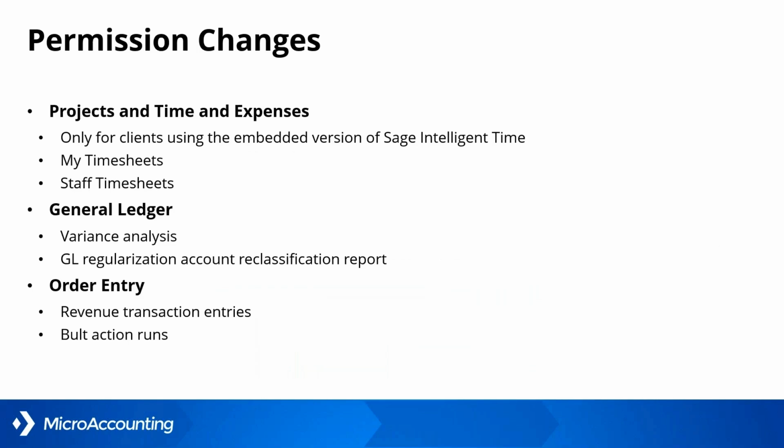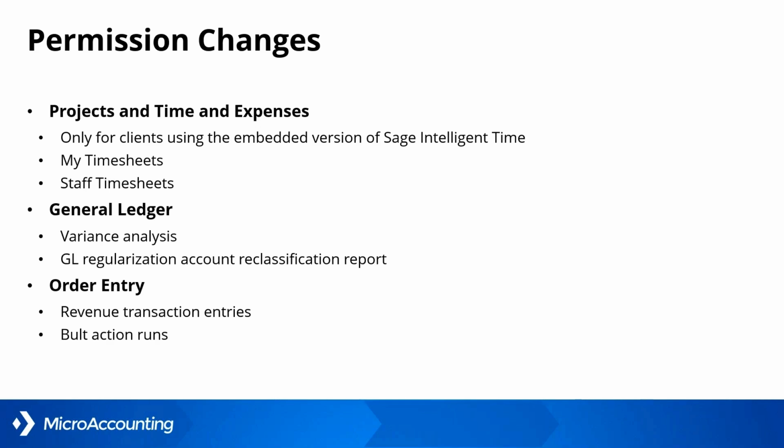So throughout the modules, there are a few changes in permissions that you may want to look at for your team. In projects and time and expenses, there are some changes for clients that are using the embedded version of Sage Intelligent Time, and there are some changes to permissions under My Timesheets and Staff Timesheets.